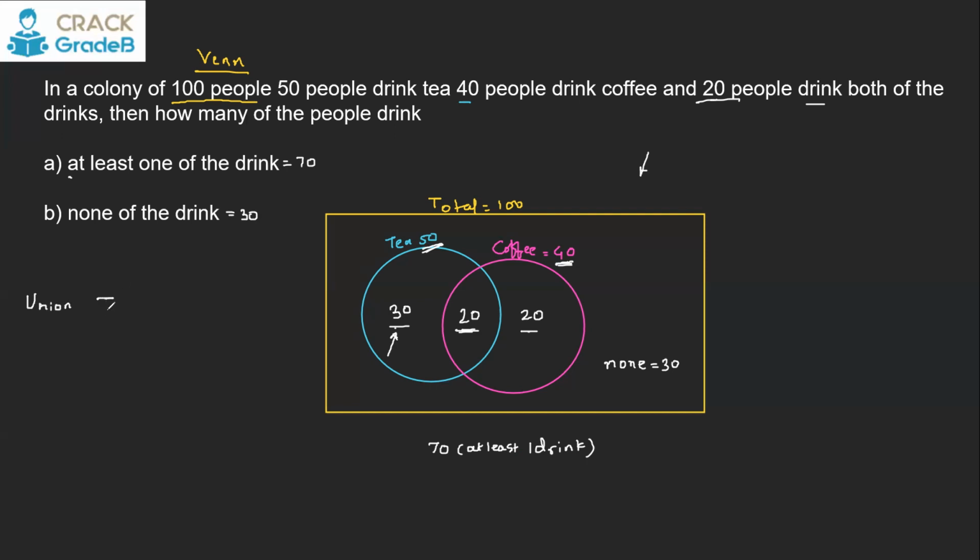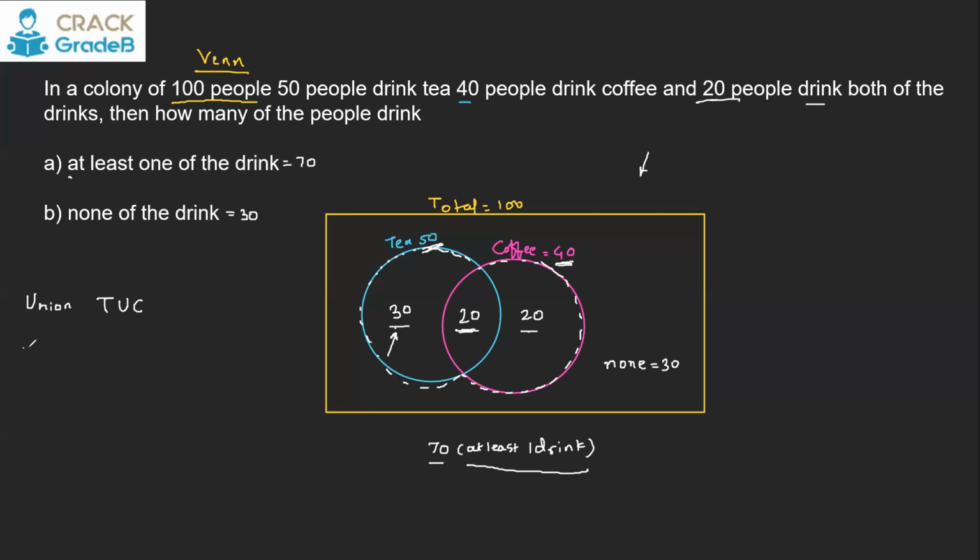If I want tea union coffee, union means if you encircle this entire figure from outside like this, whoever comes in that belongs to the union. This encircled area is called tea union coffee. And how many people should come in that? Clearly there are 70 people. So at least one drink means union. So this is what a union is.